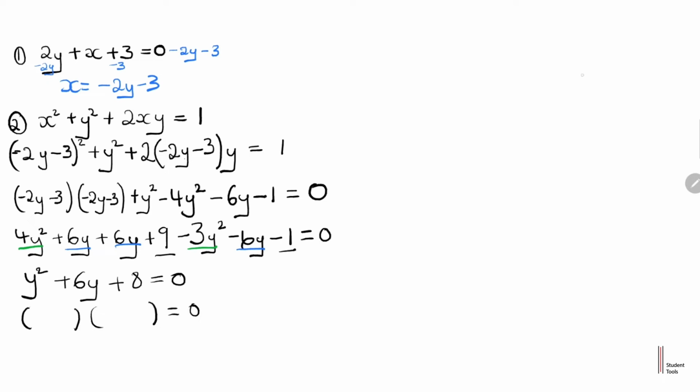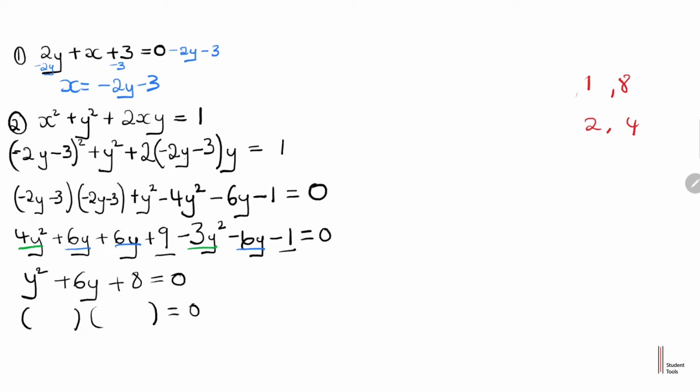So factors of 8, we have 1 and 8. We have 2 and 4. So we have to pick a pair here, which when multiplied, will give us a positive 8. But with that pair, it has to give us a positive 6, which is the coefficient of y when we add those two factors in that pair.